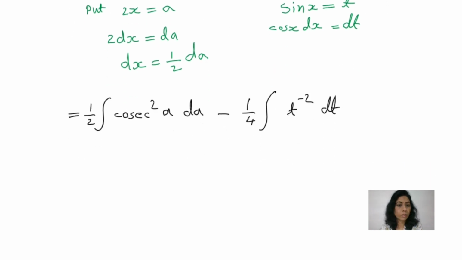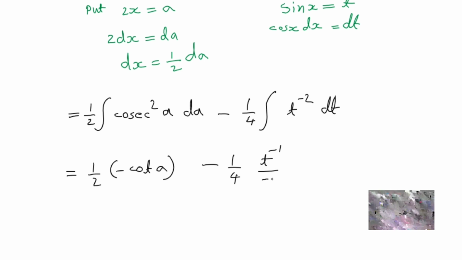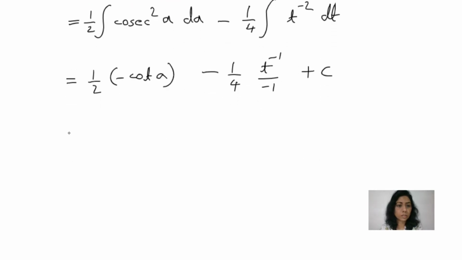Okay, now we can integrate. So 1 upon 2 cosec square a, when we integrate we get minus cot a. Okay, minus 1 upon 4, when we integrate t to the power minus 2, so t to the power minus 2 plus 1, it means minus 1, and divided by minus 1 plus c, any arbitrary constant.